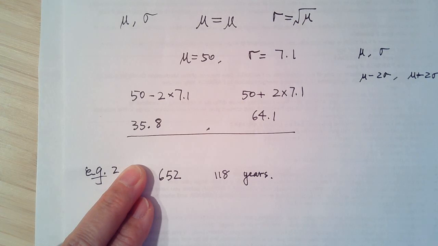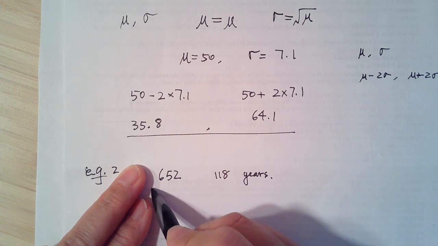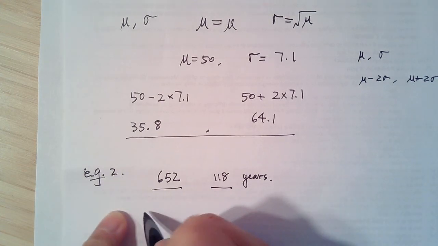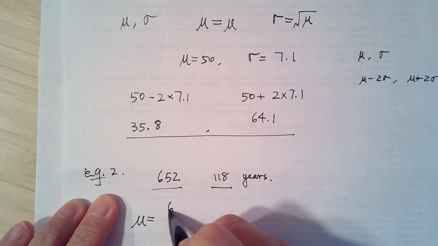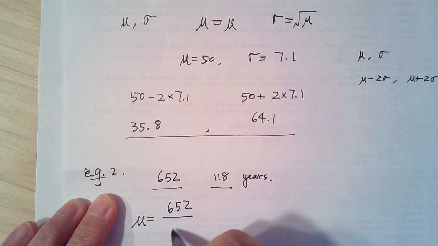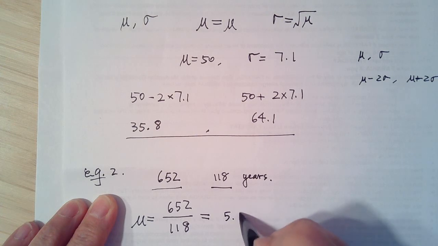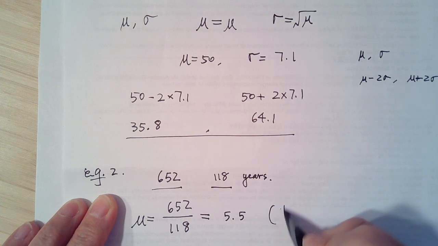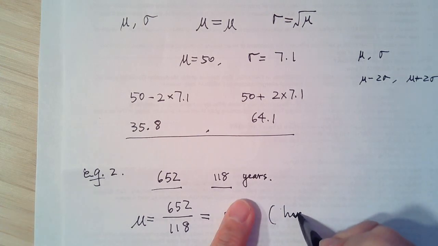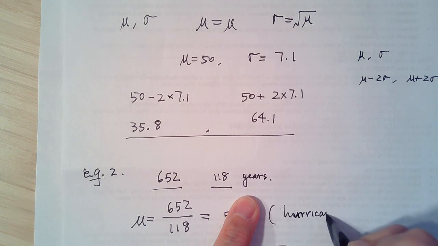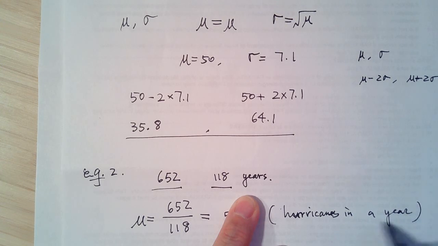Therefore mu should be 652 divided by 118. The answer is 5.5 hurricanes in a year. That's the mean.